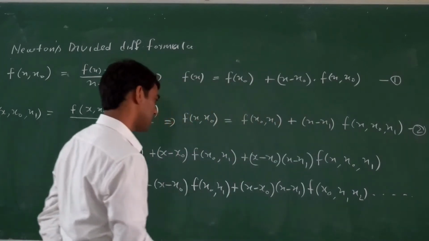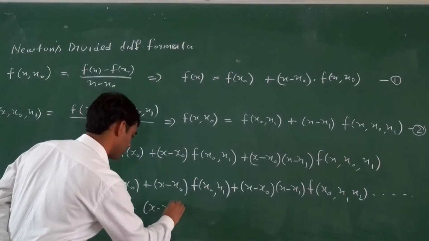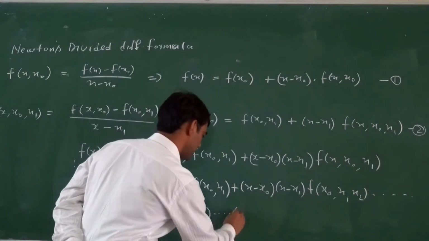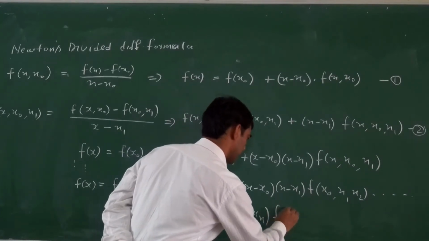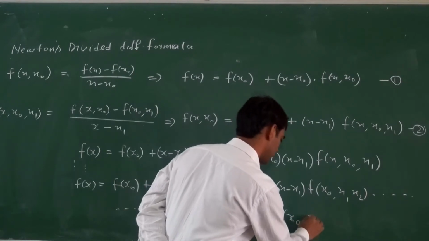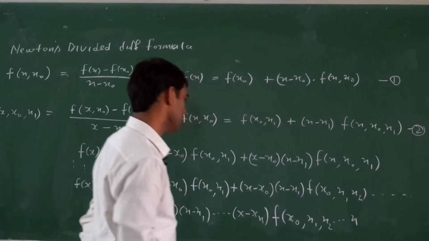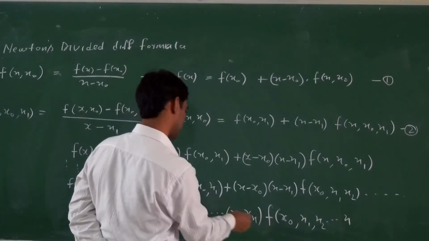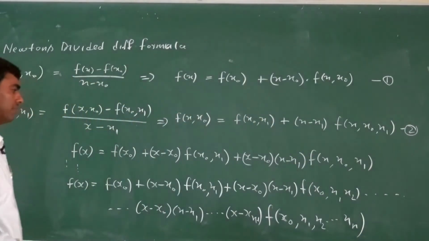Similarly, the last term becomes (x minus x0)(x minus x1) up to (x minus xn minus 1) and the nth order divided difference f of x0, x1, x2 up to xn.